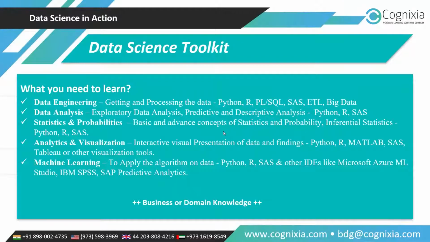Okay, and let me see more questions. Someone is asking, what is the difference between big data and data science? See, big data is nothing but an environment, the platform using which you manage, store and retrieve the data present in the form of big data. A synonym to big data nowadays is Hadoop, right?